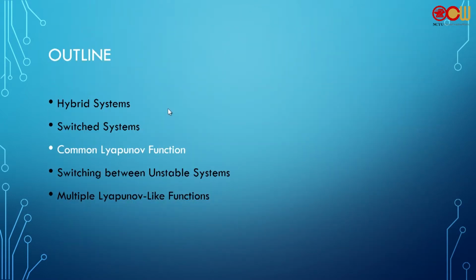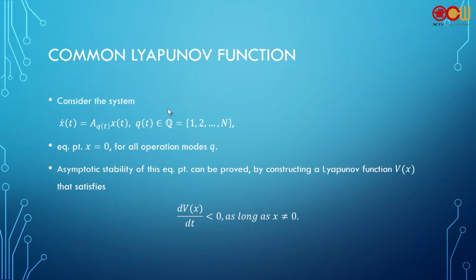Secondly, common Lyapunov functions. We have mentioned that you have many subsystems to switch between, right? But what's the tool that can be used to demonstrate the stability of the system? One of the tools, not the only tool, is common Lyapunov functions. To define a common Lyapunov function, first we need to consider switched systems.